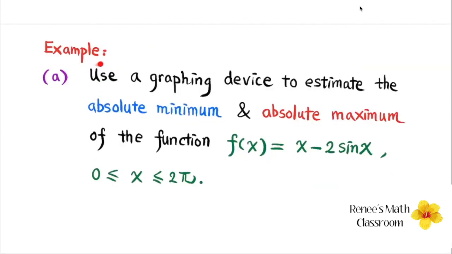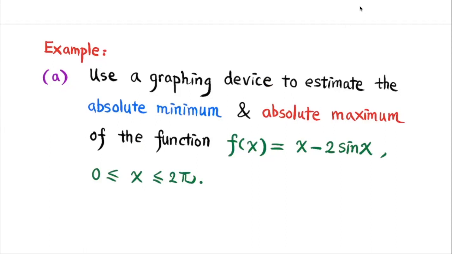In this example, part A, we're going to use a graphing device to estimate the absolute minimum and absolute maximum of the function f of x equals x minus 2 sine x, where x is greater than or equal to 0 and less than or equal to 2 pi.